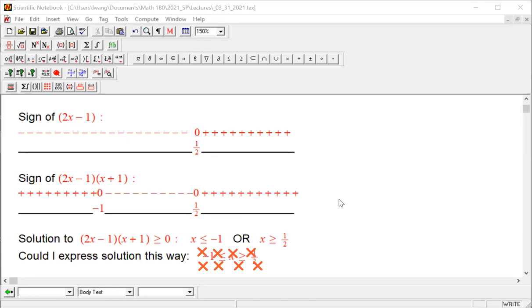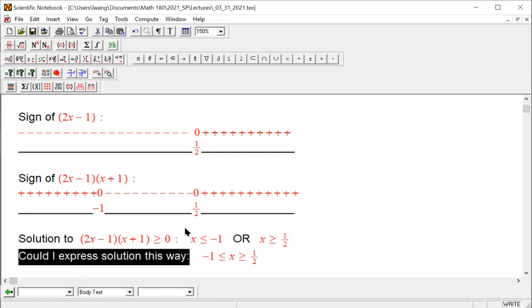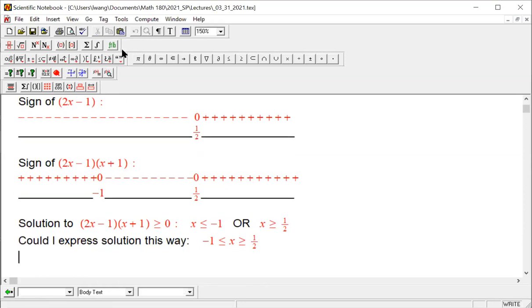And there's another way of expressing the solution. Let me clean this up. Another way to express the solution is this.